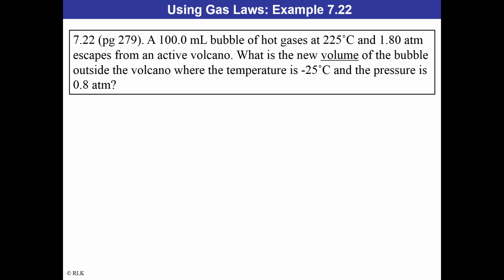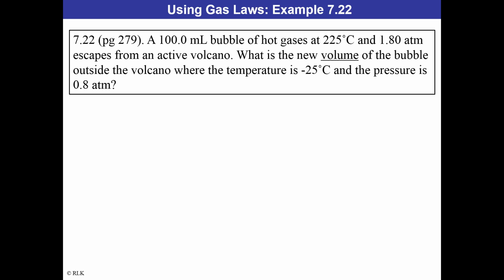With a volcano, obviously, volcanoes tend to be sitting up a little bit higher in elevation, and it spews a 100 mL bubble of hot gases, obviously at a higher temperature. Normal temperature is about 20 degrees Celsius, so you can see there's a clear increase in temperature. It's very hot.